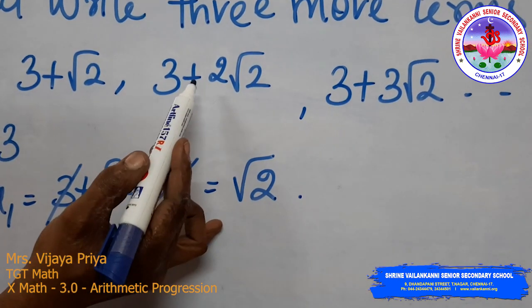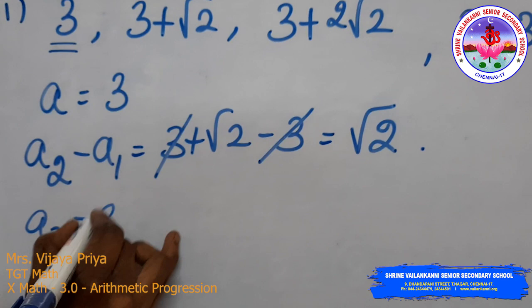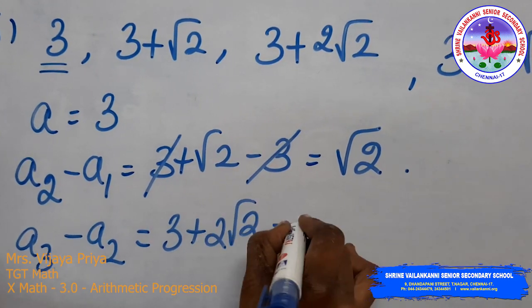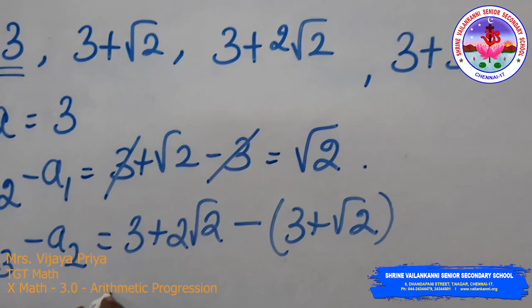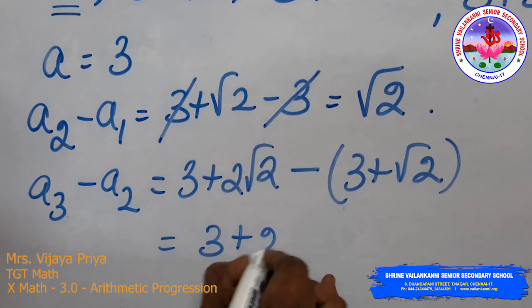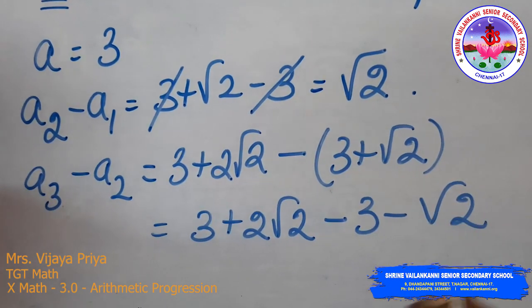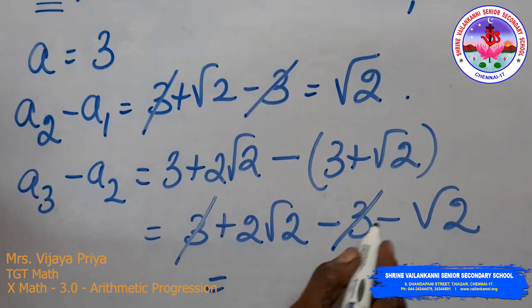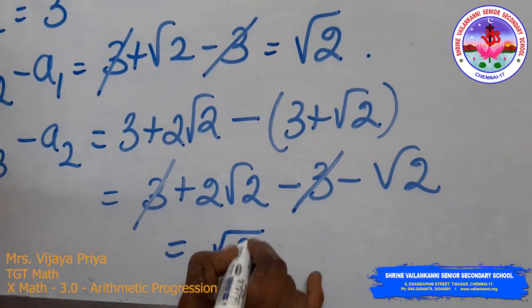Now going for the third term and the second term. So a3 minus a2: 3 plus 2 root 2 minus the second term 3 plus root 2. Which is equal to 3 plus 2 root 2 minus 3 minus root 2. Here plus 3 minus 3 gets cancelled. 2 root 2 minus root 2, that is 1 root 2, becomes root 2.